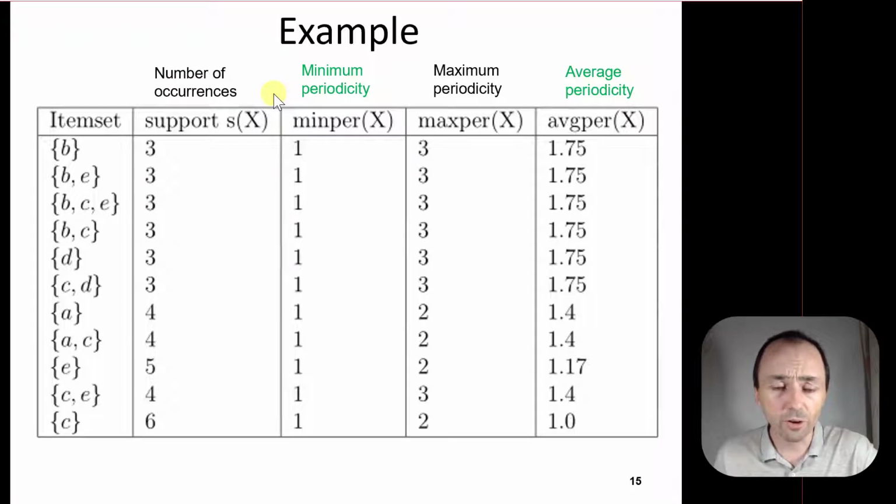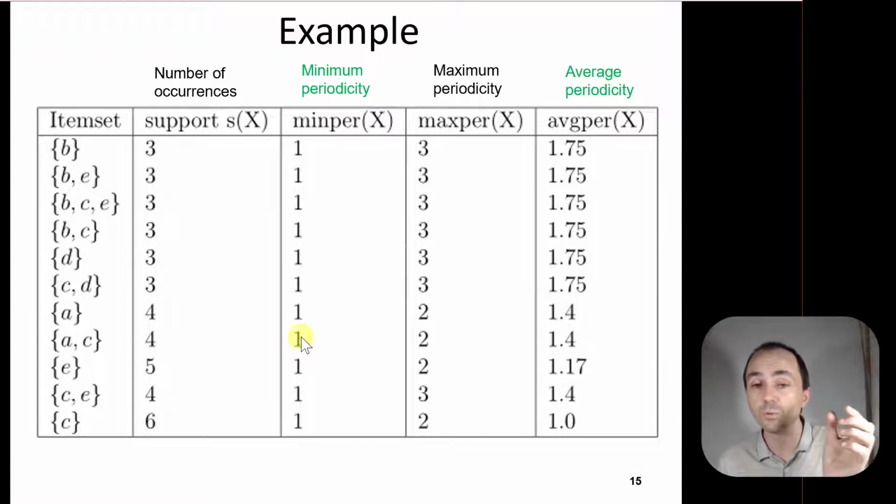So here, for the example database I have shown to you before, I have calculated the periodicity for different item sets, like B, BE, and here we have AC. AC has a support of 4. That means it appears 4 times in the database. AC has a minimum periodicity of 1. So the smallest amount of time between 2 AC is 1 transaction in the example.